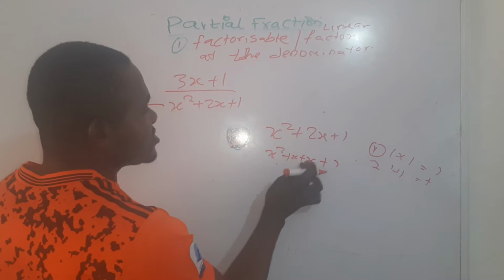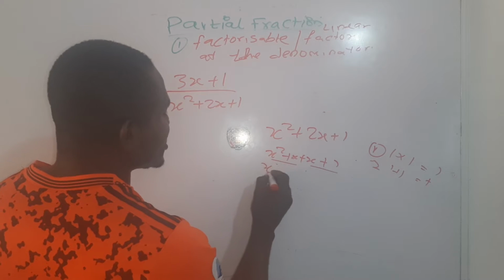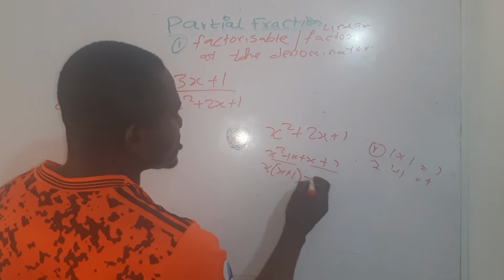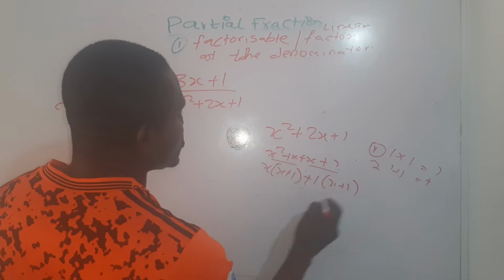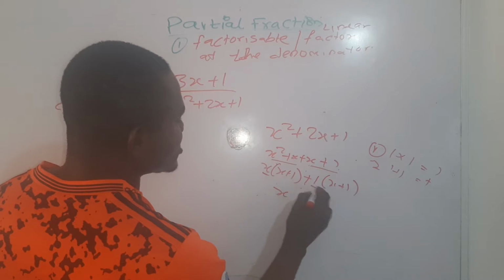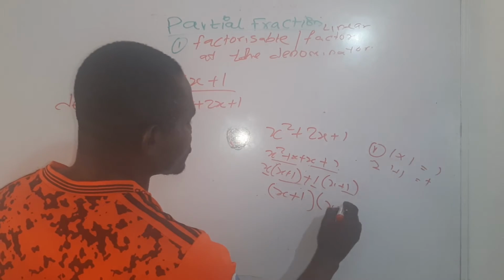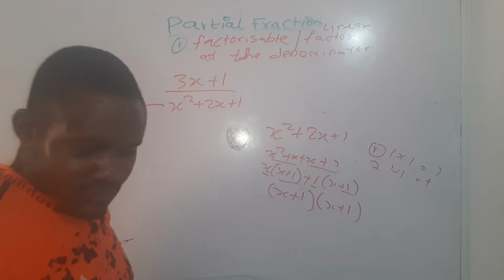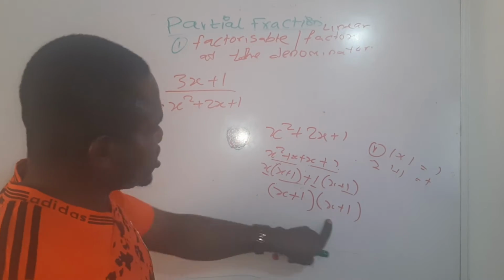I've not done anything, this is the same thing, but something is common. So s is common in s into s plus 1, then plus 1 into s plus 1. So I'm having s plus 1, then s plus 1, which means this can be changed to this.